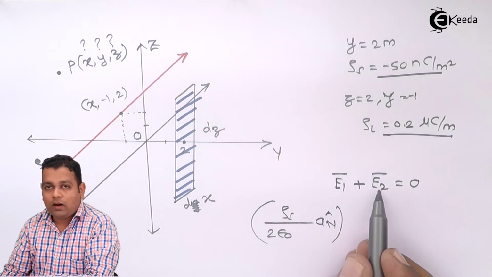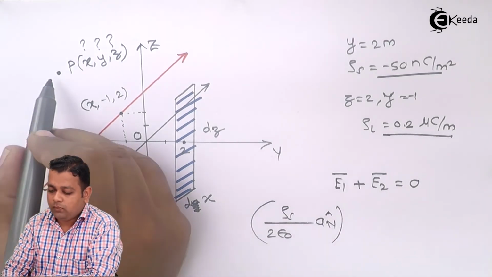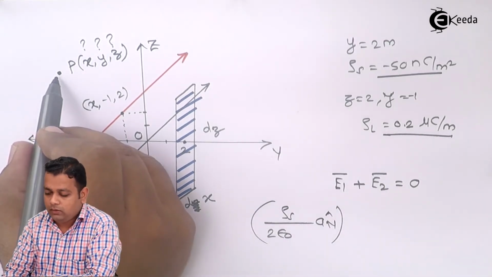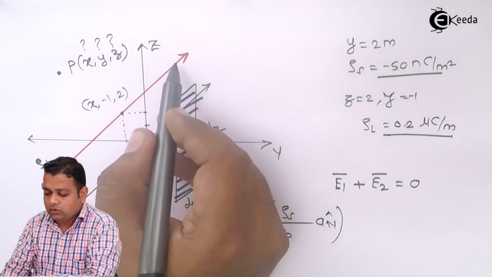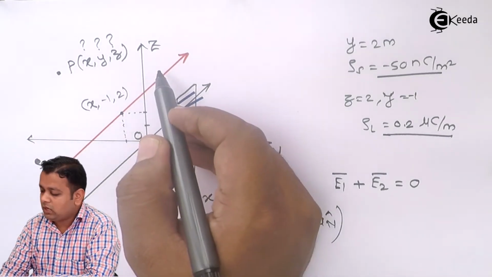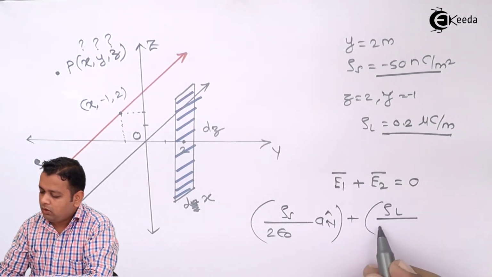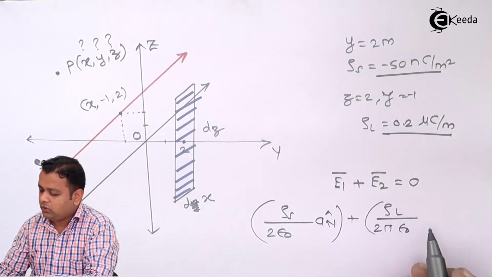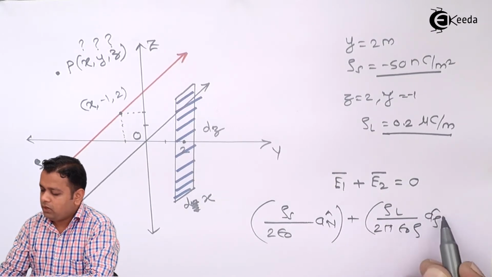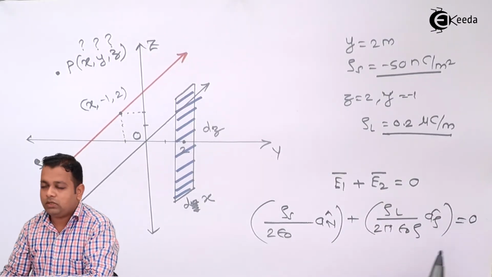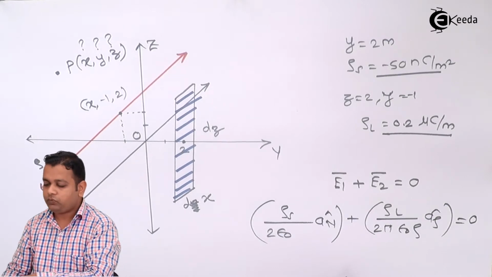Now E2 bar is the electric field intensity produced at the field point P having these coordinates because of uniform infinite line charge. So this is having the form rho L upon 2 pi epsilon 0 rho a rho cap. So this addition should be equal to 0.